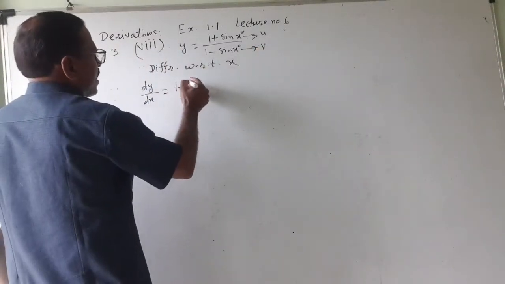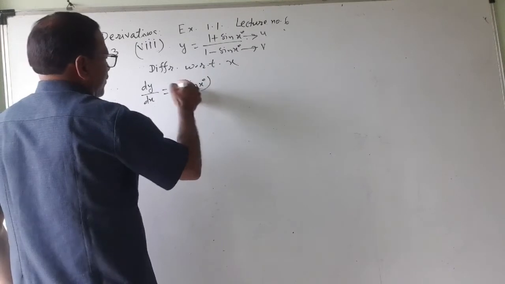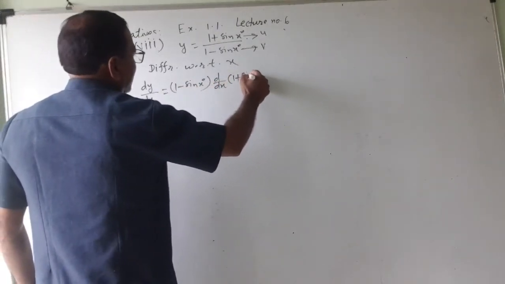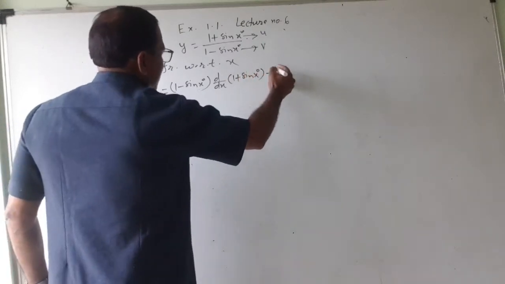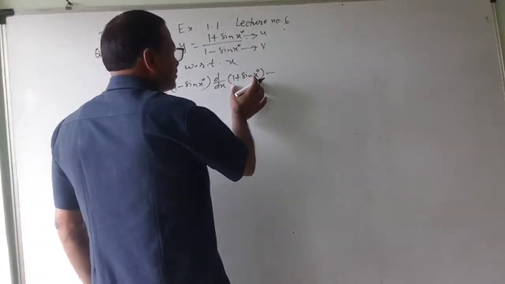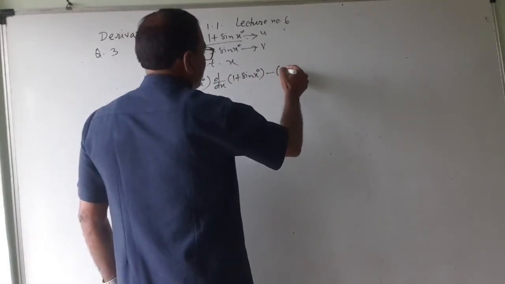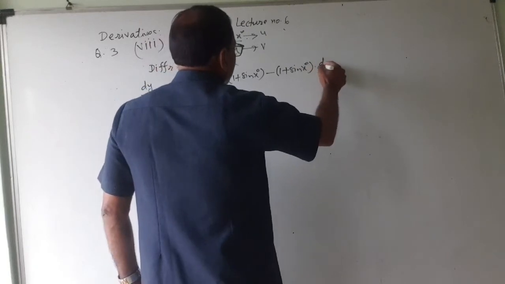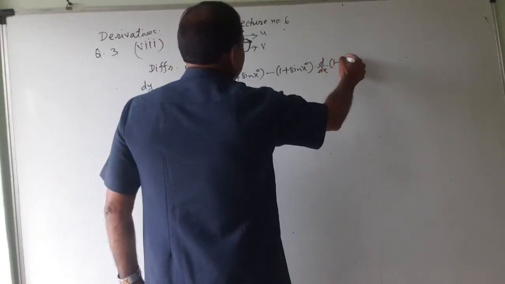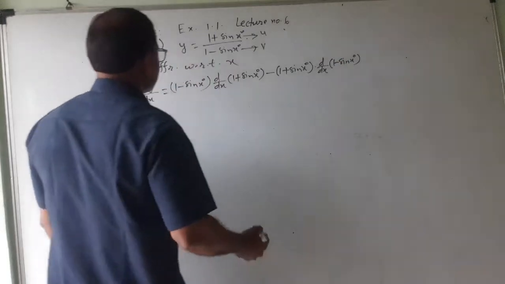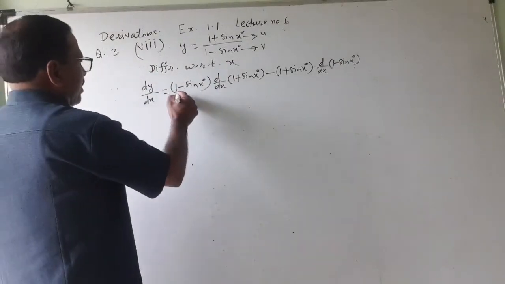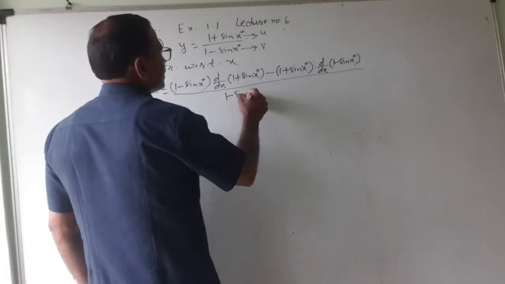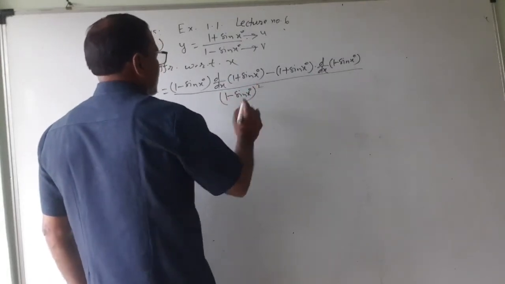So 1 minus sine x degree into d by dx of 1 plus sine x degree, minus, now this will come behind, 1 plus sine x degree into d by dx of 1 minus sine x degree, upon v square, means 1 minus sine x degree its square.